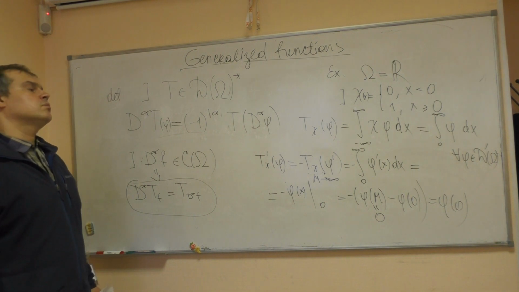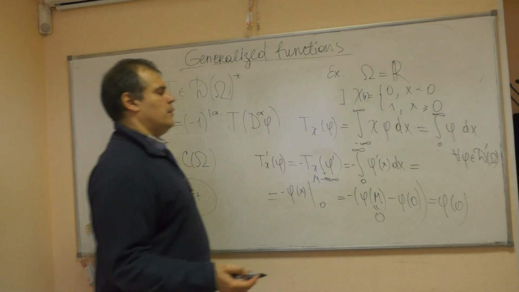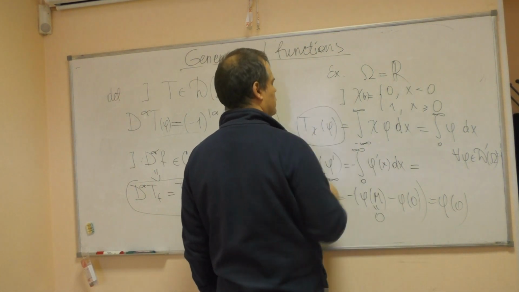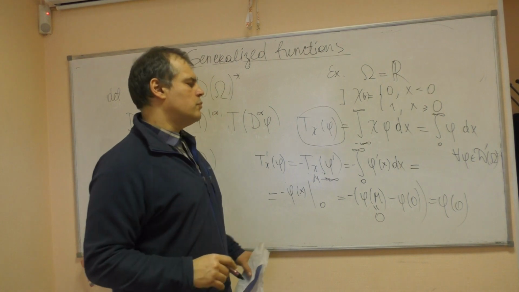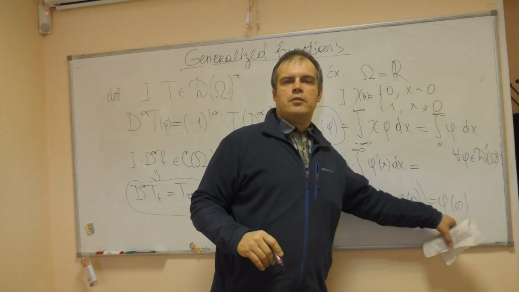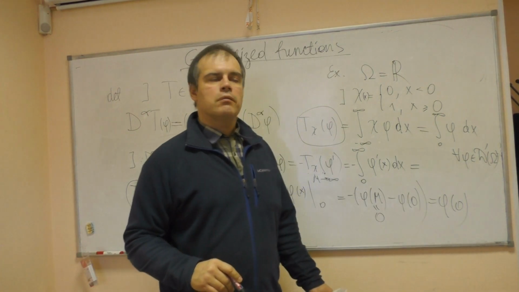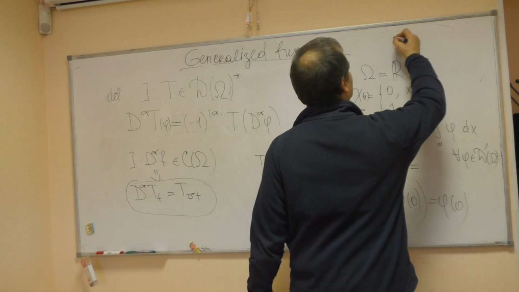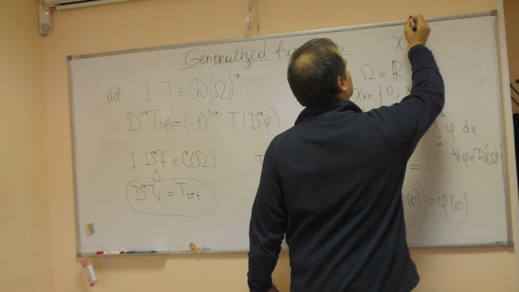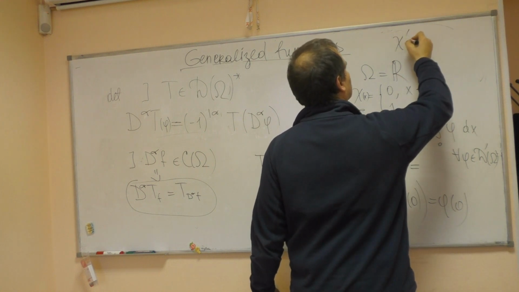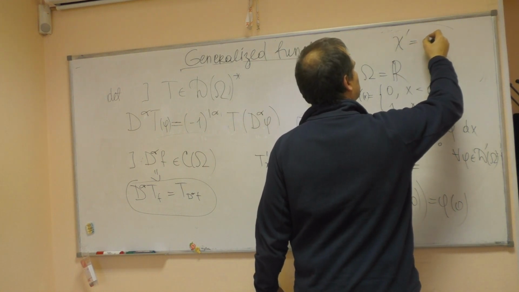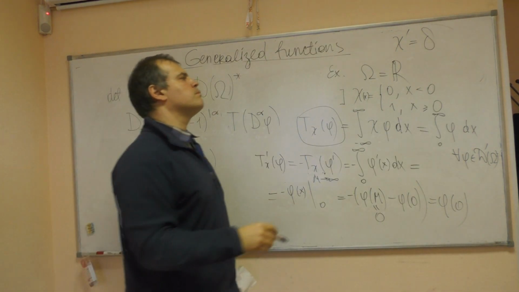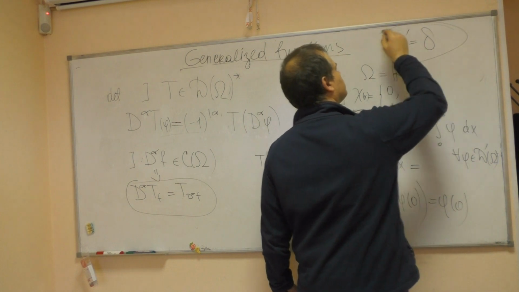So the derivative of this distribution gives us the delta function at 0. So we can say that the derivative of the Heaviside step is the delta function.